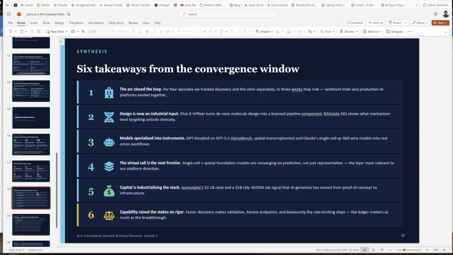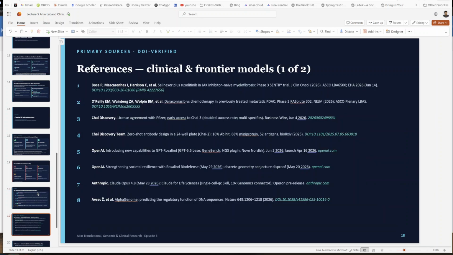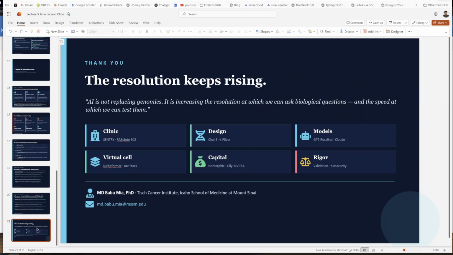That's where we help the world come together and do the things that we are looking for: accelerating patient care, solving the aging problem, and reducing the number of malignancies. These are references, and this is what we are. The resolution keeps rising, so we all should be in there.